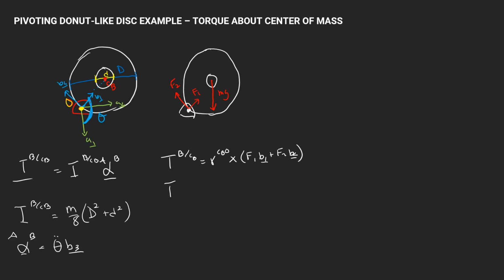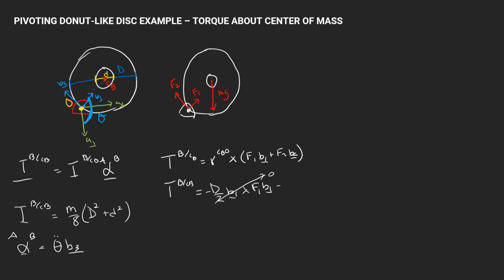So now we calculate out this cross product. Our position vector from the center of mass to point O is technically negative D over 2 B1, crossed with F1 B1. That goes to 0.